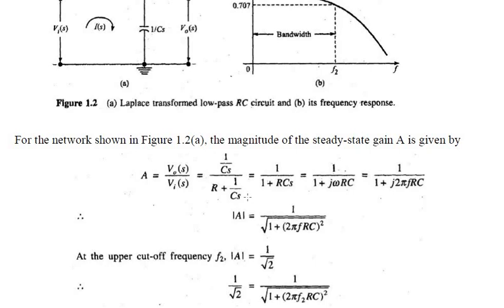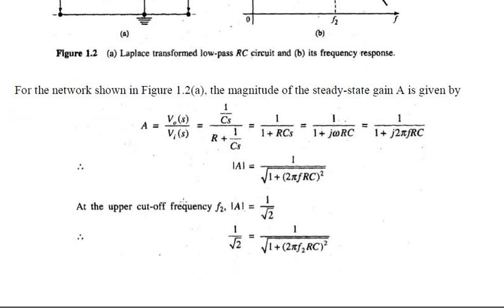V0(s) divided by Vi(s) means the output that we have got. Applying the Laplace transform to the very first equation, Vi(t) equals Vm sin omega t, the input voltage equation, you will get Vi(s) equals I(s) into R plus 1 by SC. So I(s) times R plus 1 by SC.